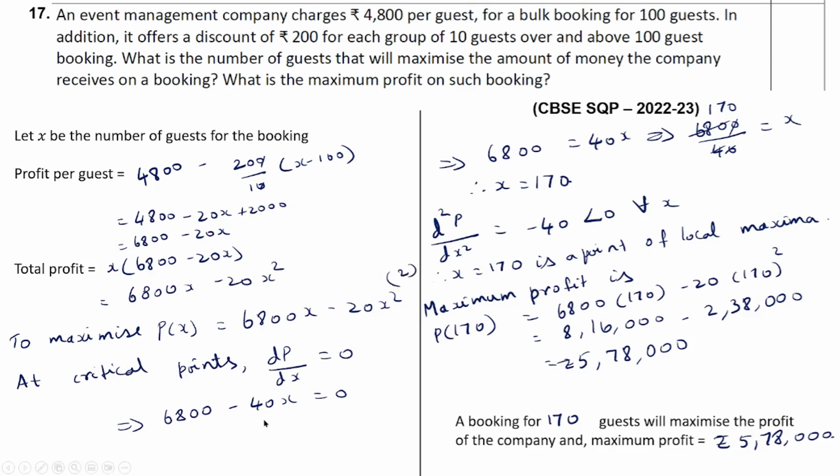Then finding dp by dx carries 1 mark, d square p by dx square carries 1 mark. The remaining steps and the final answer carry 1 mark. So a total of 5 marks for this question. We have a similar question in the CBSE Handbook in the last exercise of chapter 3A, Differentiation and Its Applications.